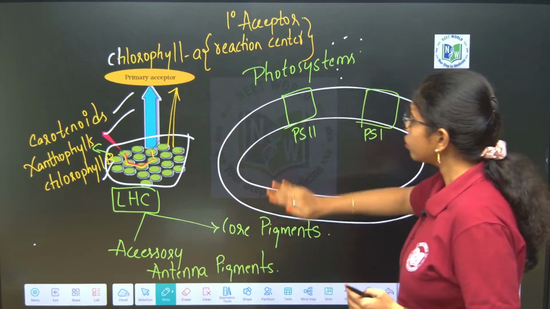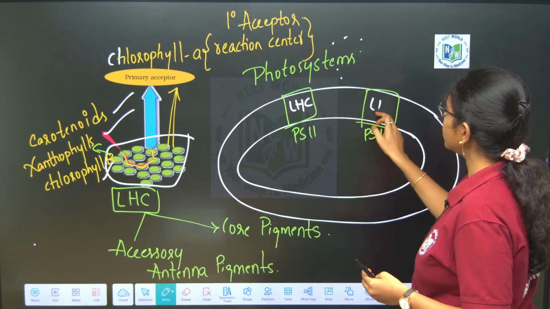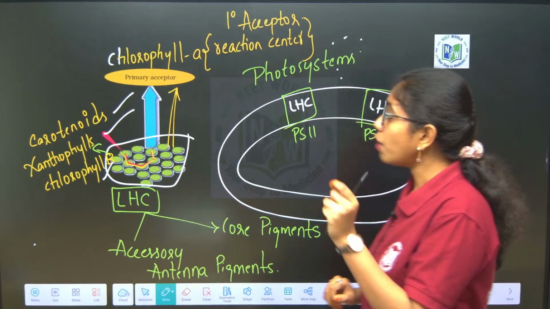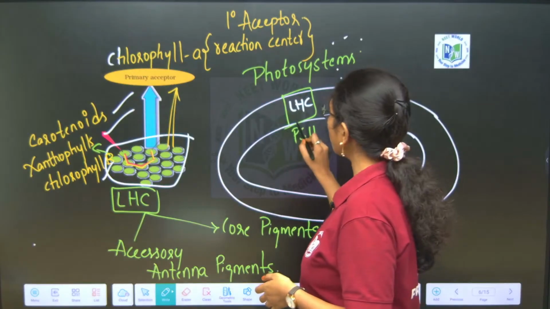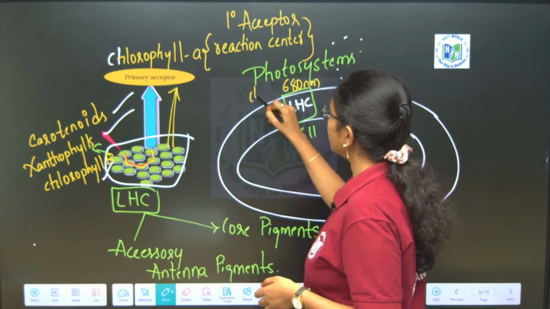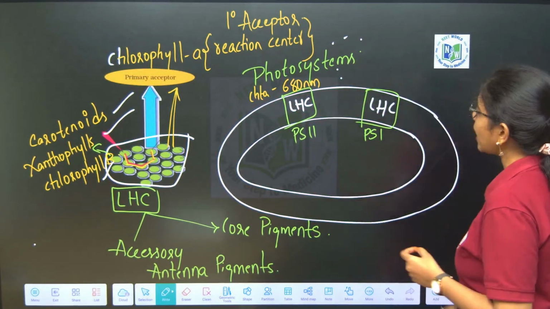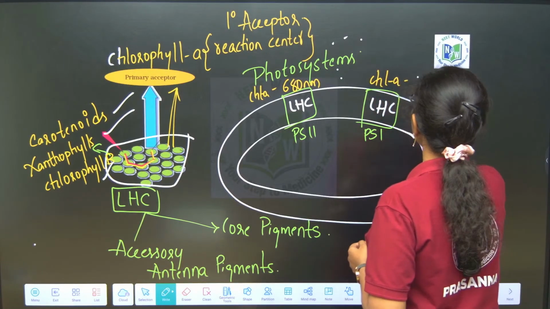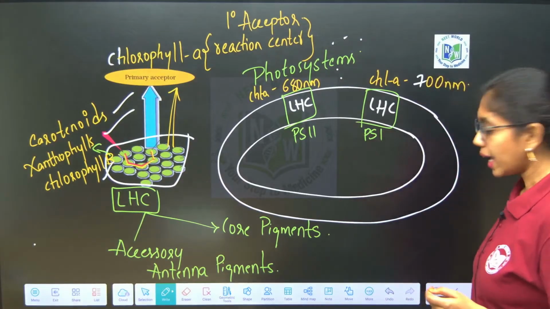Complete light harvesting complexes are present in photosystem 1 and photosystem 2. The maximum wavelength of the reaction center, chlorophyll A, of photosystem 2 is 680 nanometers, and for photosystem 1 it is 700 nanometers.